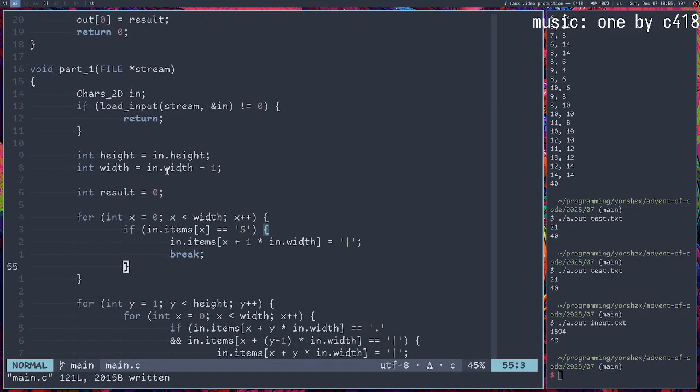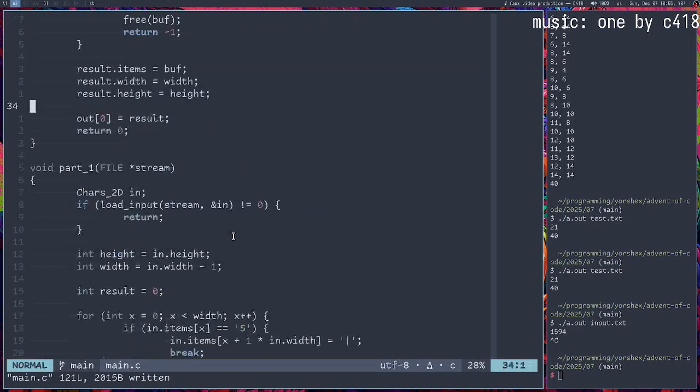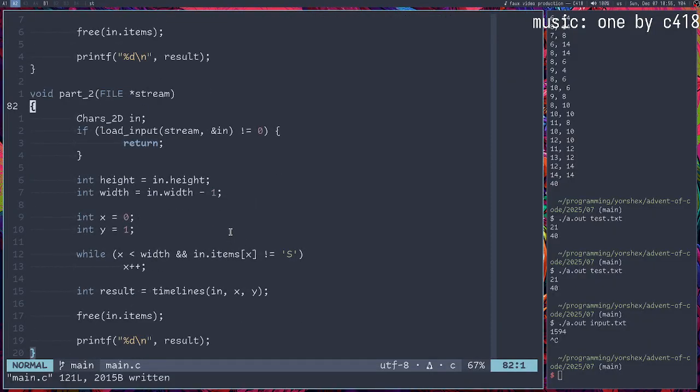I would keep track of how many times a specific cell was visited in each timeline. Though it feels like it might require me to convert this thing in a specific way. So yeah, let's just do that.